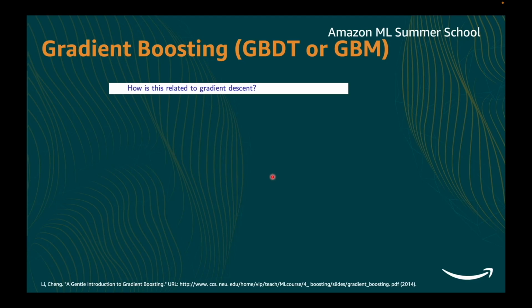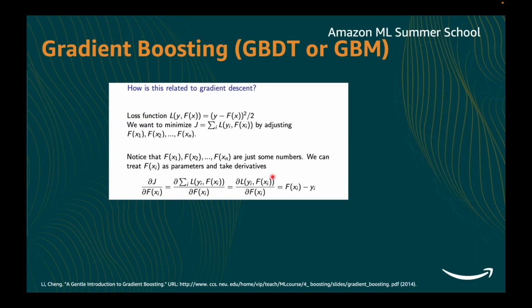So now let's discuss how this works and why it's related to gradient descent, and why the gradient part comes in this boosting procedure. So like we said, we had the loss function, which is just over here, the squared loss, right? You're dividing it by 2, and this is a very okay thing to do. You can always scale your losses by any value.